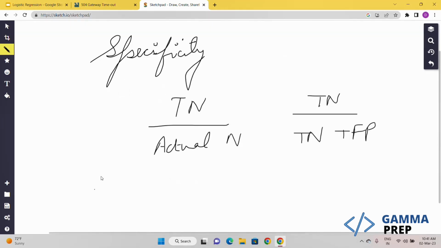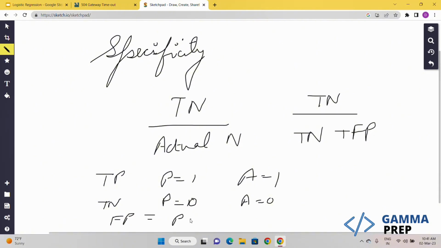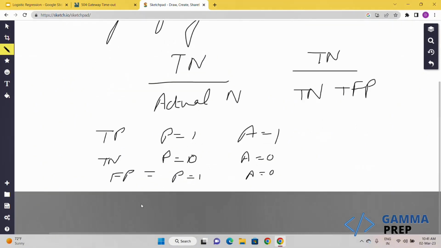I can show you. TP means predicted as 1, actual as 1. TN means predicted as 0, actual as 0. False positives: predicted as 1, actual is 0. False negative means predicted as 0, actual as 1. So we want actual negatives, these two.